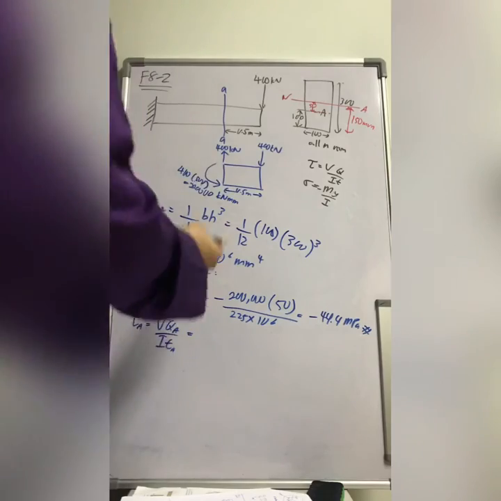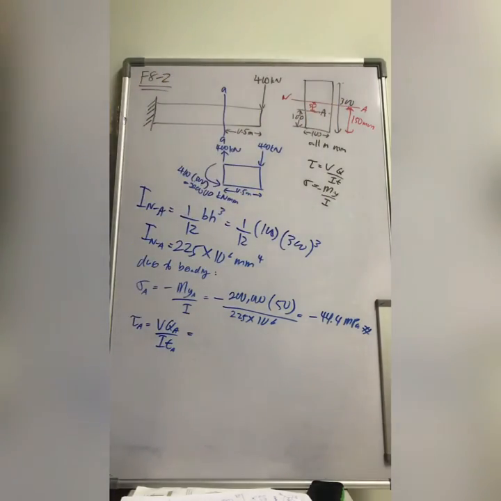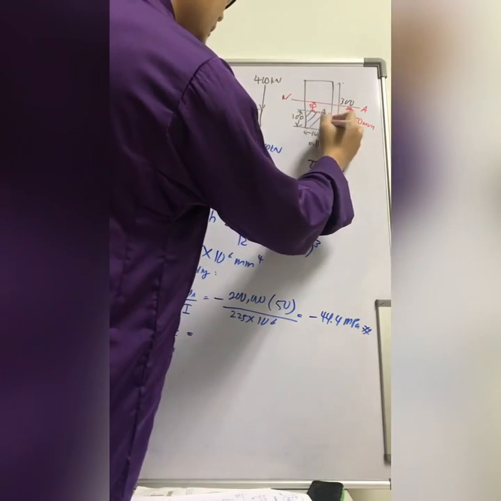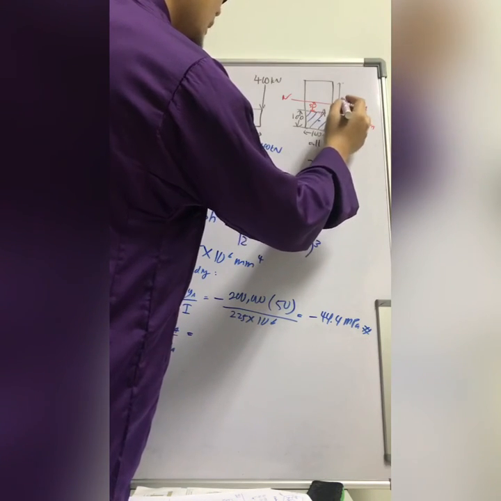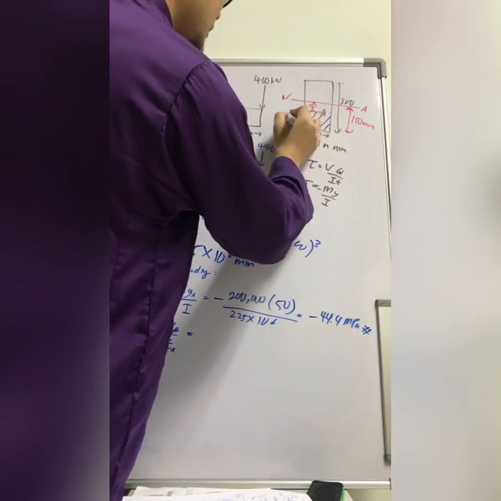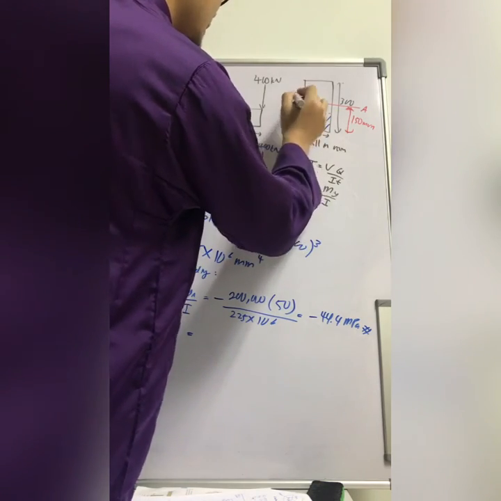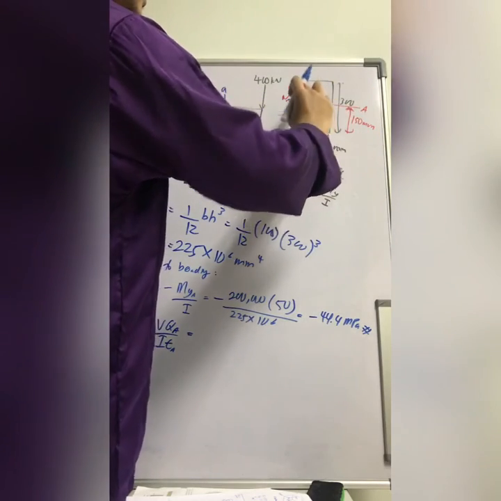And your Q for point A, what do you have to do? You have to find the remaining area. The centroid is here, so what happened with the centroid? This is simple geometry: 150, 50, 100, isn't it?